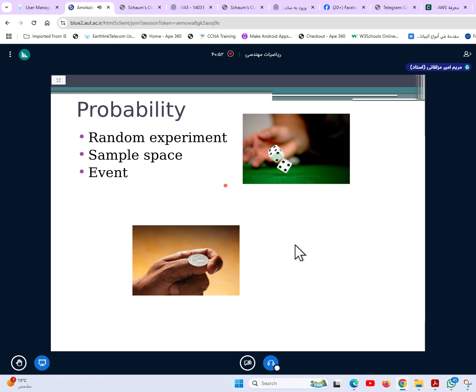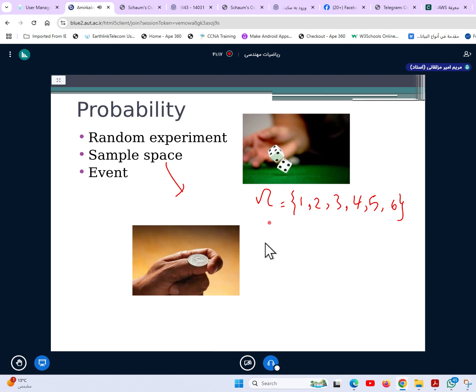For example, in rolling a dice, if we use the symbol omega for the sample space, omega is 1, 2, 3, 4, 5, and 6.